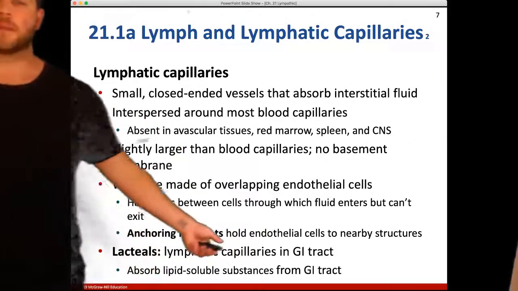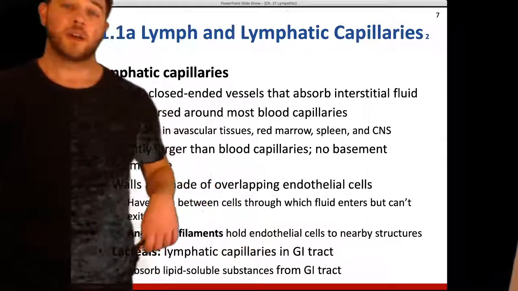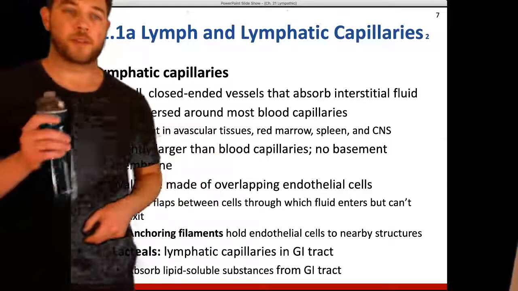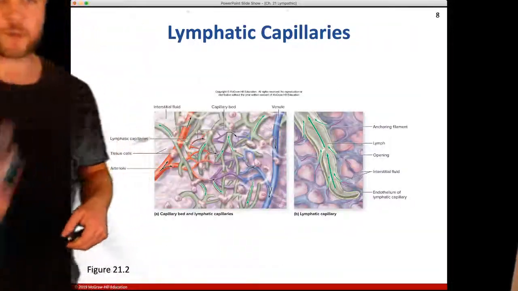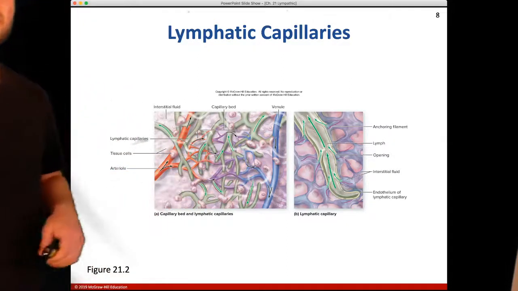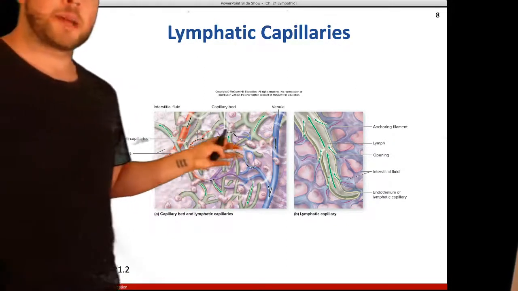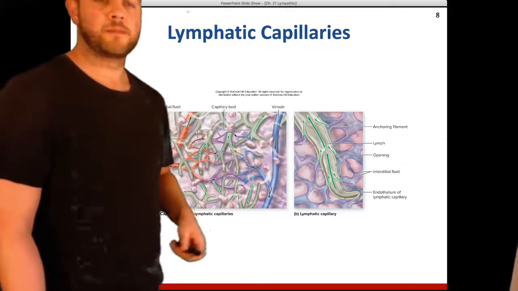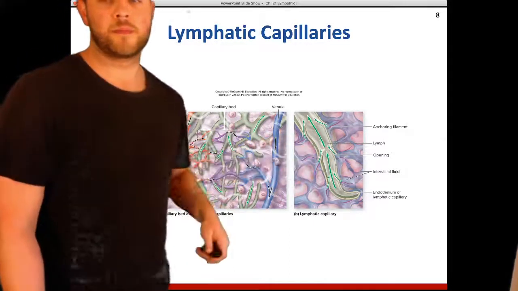They're absorbing lipid substances from the GI tract, where your blood capillaries would be absorbing all of your other water-soluble ones. Here you can see in green the lymphatic capillaries interspersed around the typical capillary bed, as well as a close-up with the valve system, or the overlapping cells.